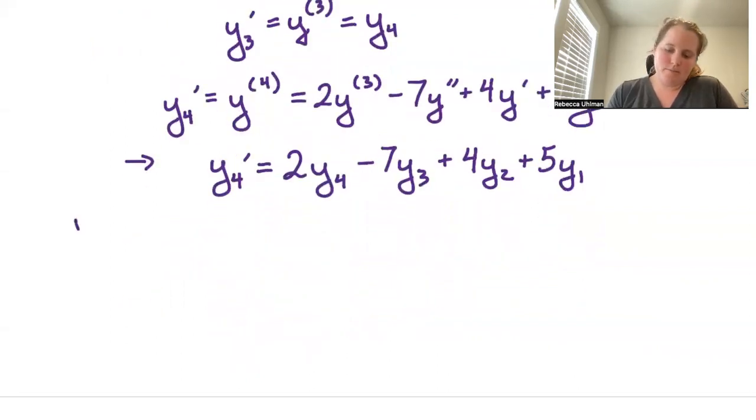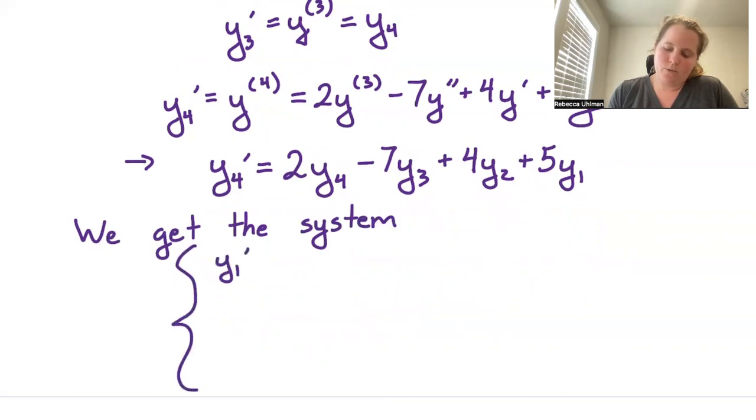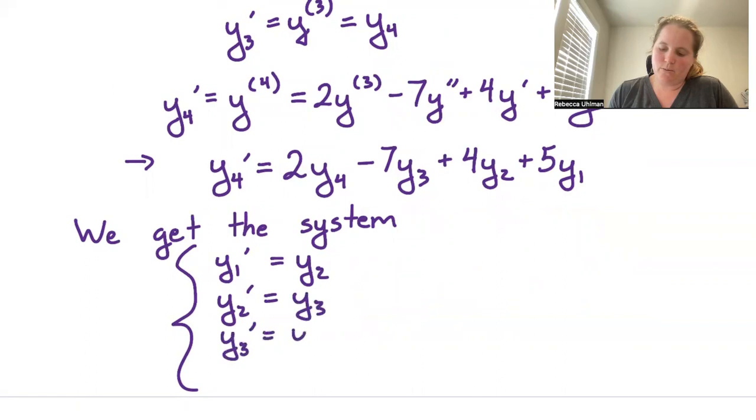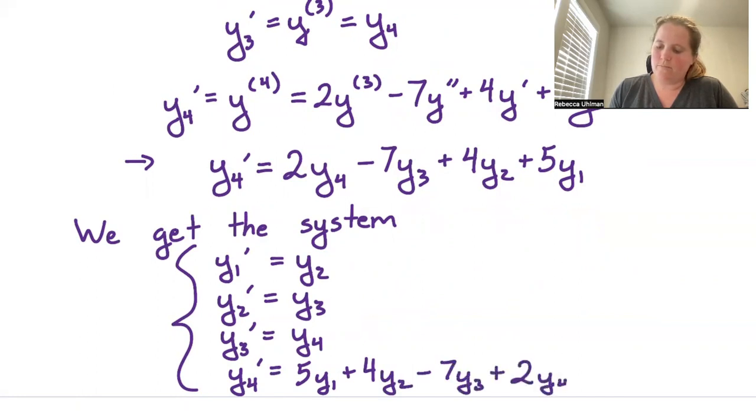So we get the system y1 prime equals y2, y2 prime equals y3, y3 prime equals y4, and y4 prime is, I'm going to actually rearrange these, 5y1 plus 4y2 minus 7y3 plus 2y4.